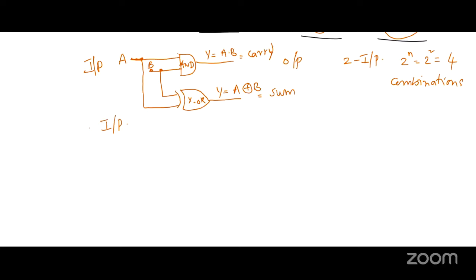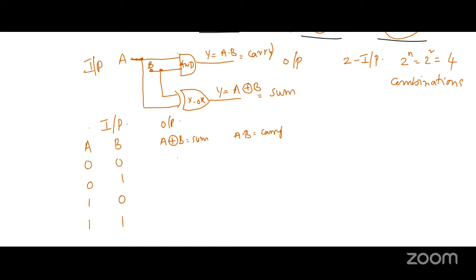Input is four combinations. 0, output: A dot B, A XOR B. This is sum, A dot B. Again, A XOR B. In the previous section, we already discussed that if any one of the inputs is high, the output will become high.